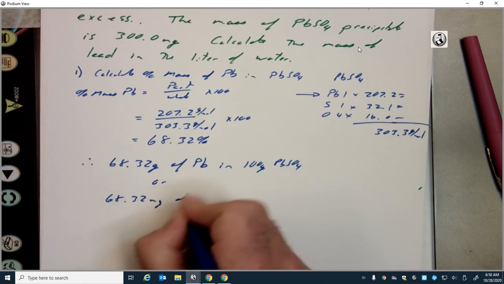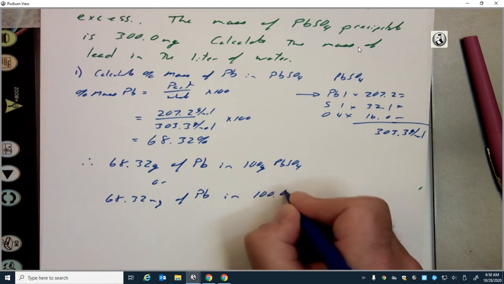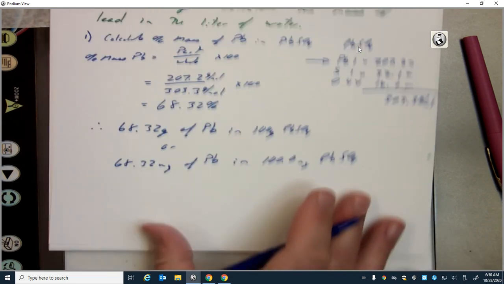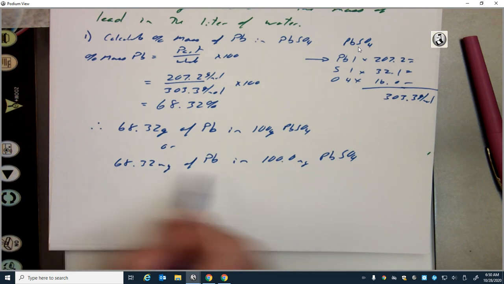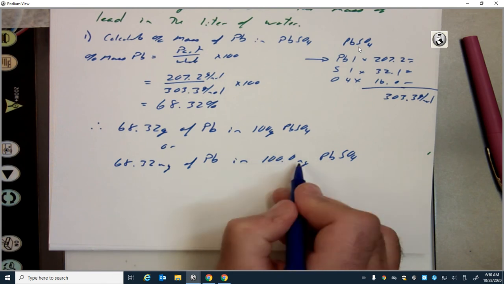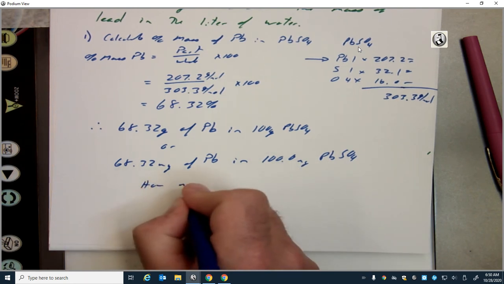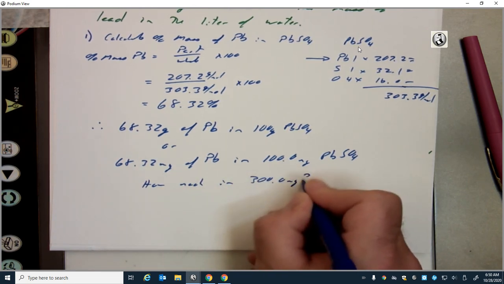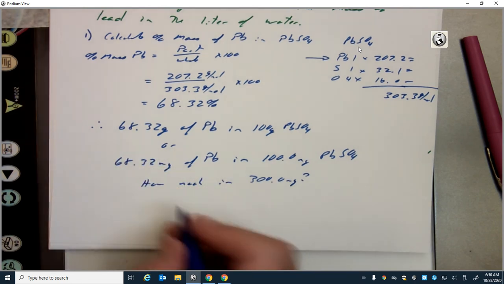I can also say this. 68.32 milligrams of lead are in 100.0 milligrams of PbSO4. So I know there are 68.32 milligrams for every 100 milligrams of PbSO4. Well, I don't have 100, I have 300 milligrams. All I need to do is take this number and multiply it by 3.